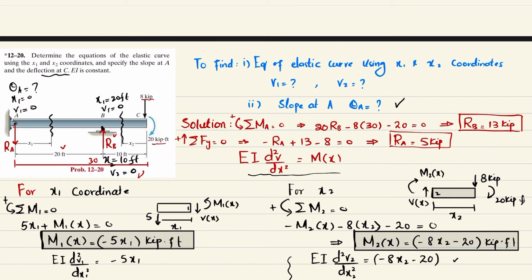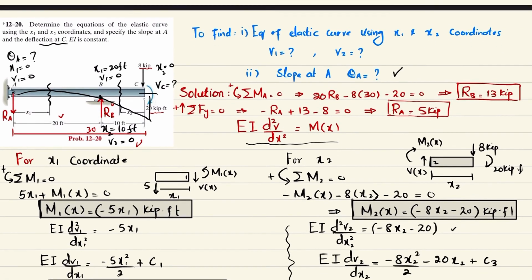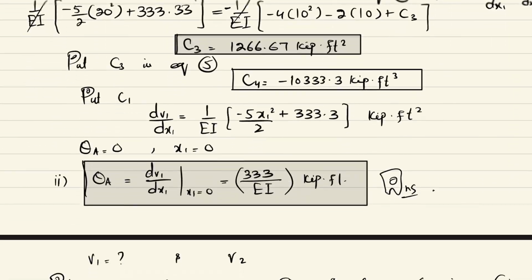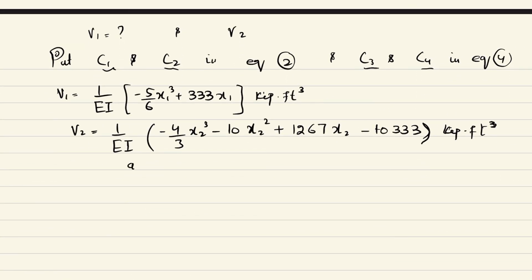Now we have also been asked to find the deflection at point C. So the deflection at point C is VC. At x2 equal to 0, we put it in V2, so V2 is equal to VC. Clear?